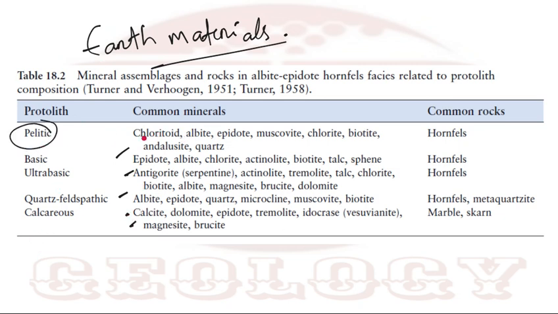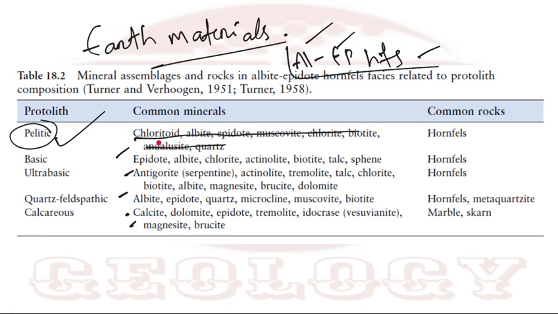If a pelitic protolith undergoes contact metamorphism in albite epidote hornfels facies, what will be the mineral assemblage? This is written here, just have a look over it.